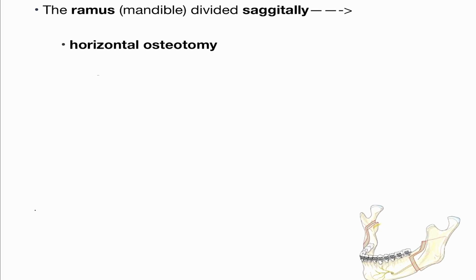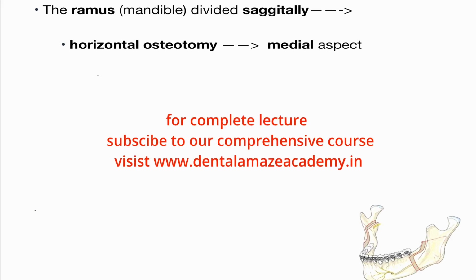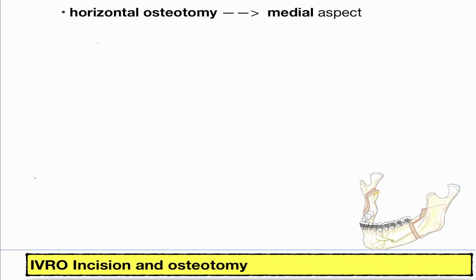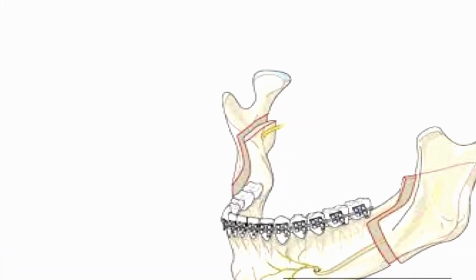So there is a horizontal osteotomy on the medial aspect. If you see this, this is vertical and this is horizontal, isn't it? On the medial aspect, you can clearly see it there. I'll just enlarge it for you.